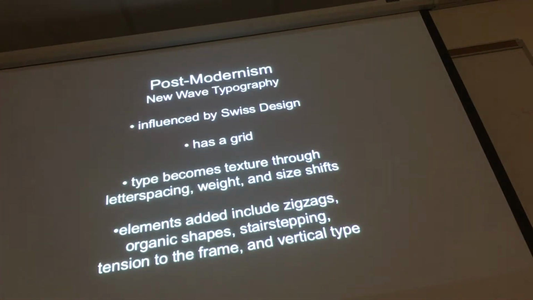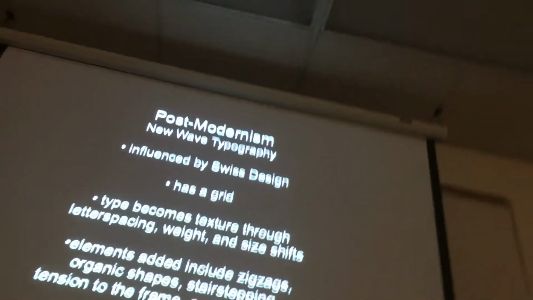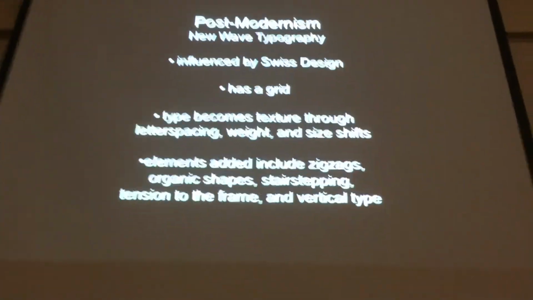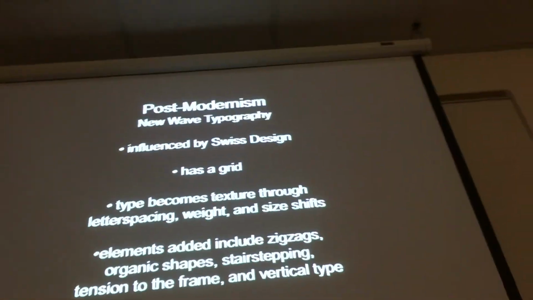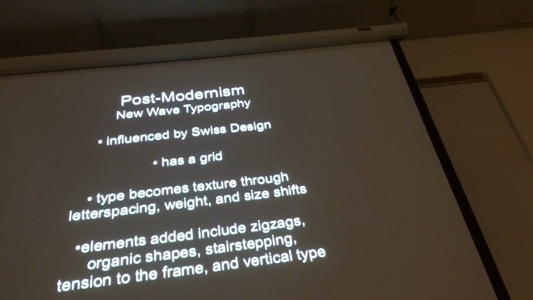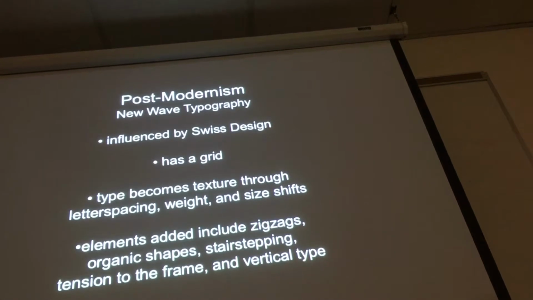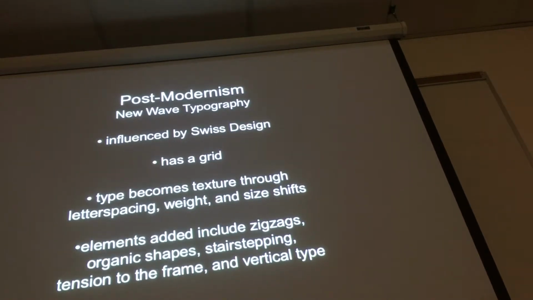All right, so we're going to jump into the different kinds of styles that are associated with postmodernism. And the first style that we want to talk about is called New Wave typography. Interestingly enough, the first 2 of these postmodern styles, New Wave typography and then the California Memphis style, are based off of the Swiss design theory, the Swiss design ideology.